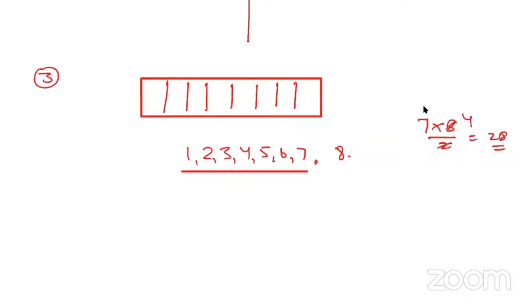So I have to replace the number 8 with a number that will give an answer divisible by 3, right? If you replace 8 with 1, 28 minus 1 is 27 plus 8, not divisible. 28 minus 2 is 26 plus 8, right?